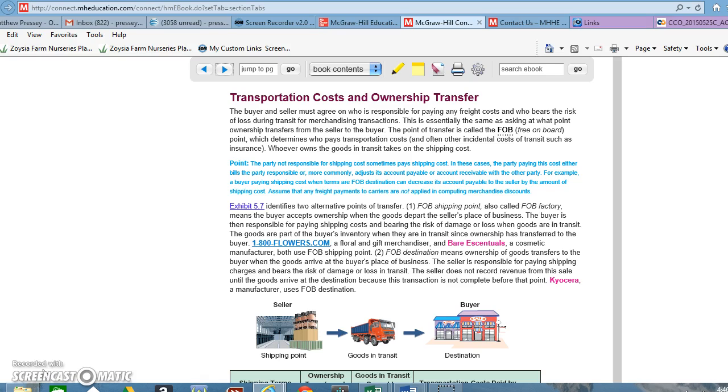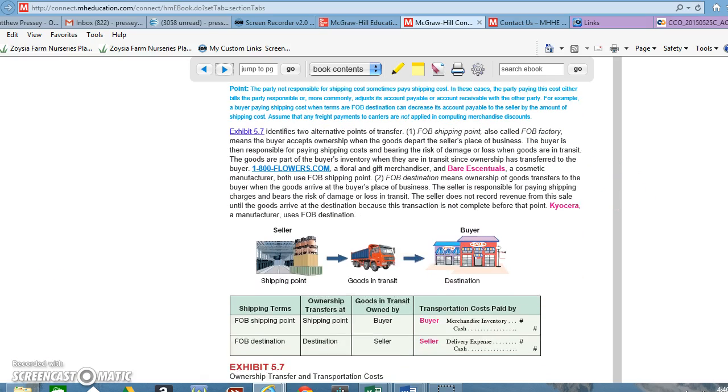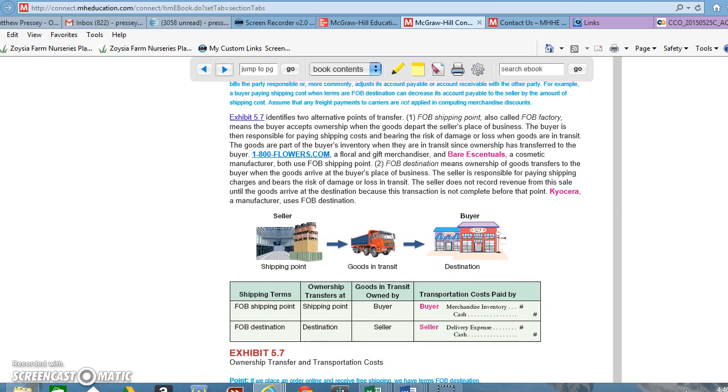I want you to pay particular attention to this part of the chapter. There certainly will be questions on this, I would imagine, on the midterm. Basically, this breaks down when ownership changes on goods in transit and who pays for the shipping costs when a retailer buys merchandise from a wholesaler.